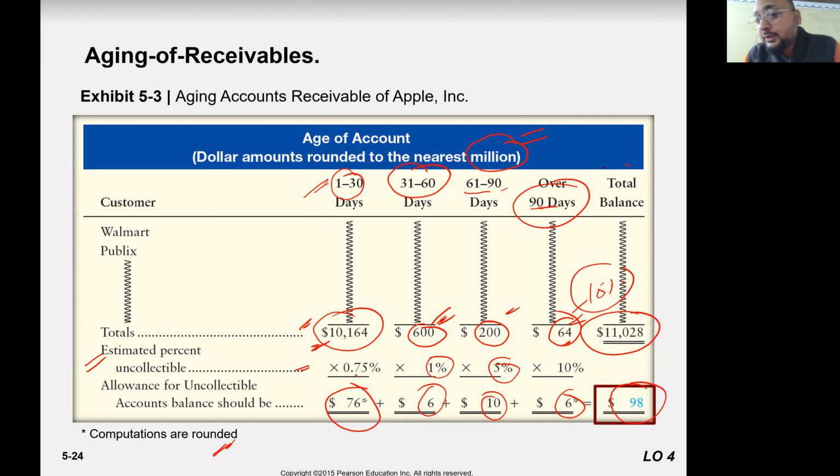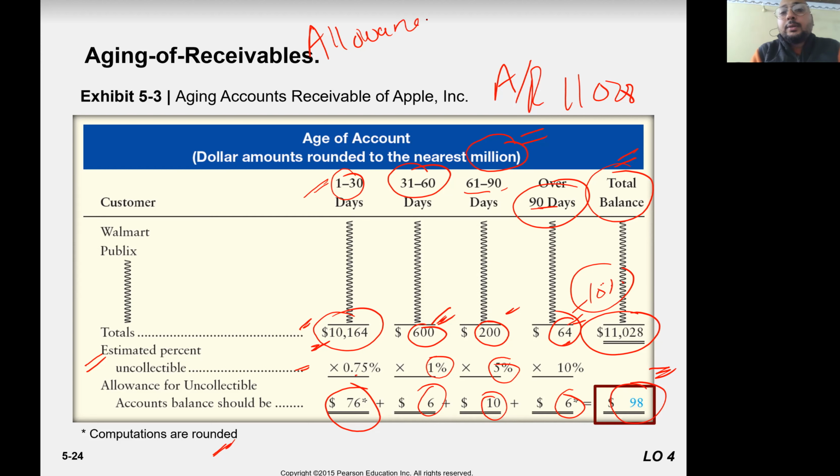So remember, this is the total balance. The total balance of the account receivable is 11,028, and the total balance of the allowance is 98. It is telling you total balances.